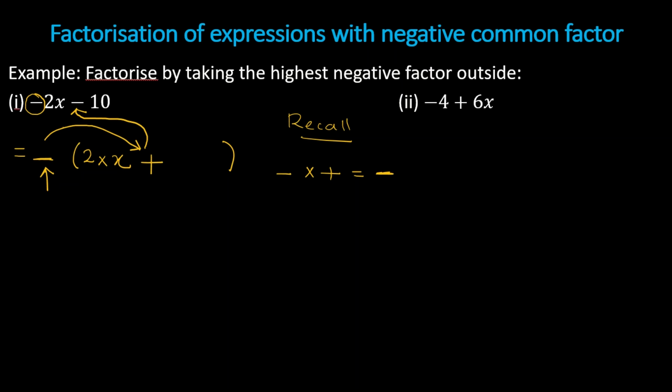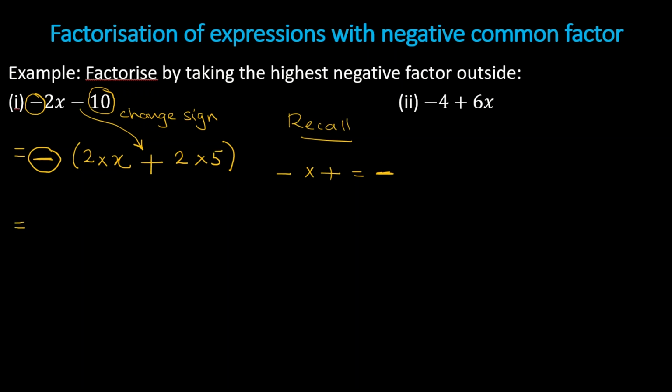This is why we change this sign to plus. When do we change the sign? Simply when you remove the negative sign outside. Now, what is the last term? It is 10. And you already know in expanded form by using prime division, 10 is simply 2 times 5.